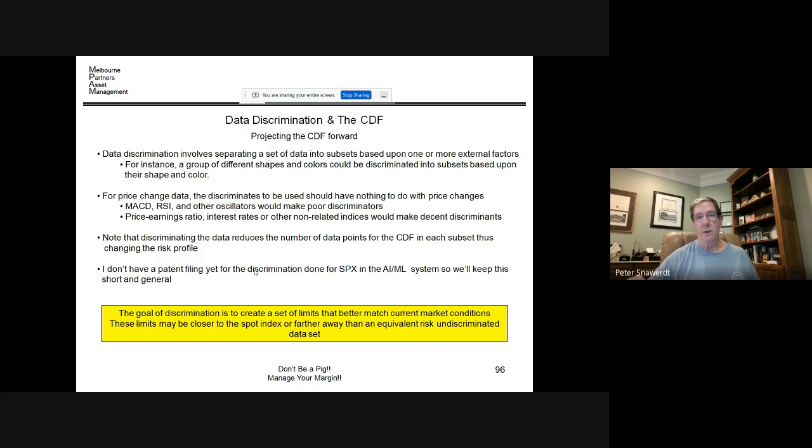And so with price earnings, you can make the determination of whether the stock is considered expensive on its own history or cheap on its own history. Now you have two sets of data. With those two sets of data, you can compute a CDF for each of those and have a result for when the stock is expensive or when the stock is cheap. You following me?